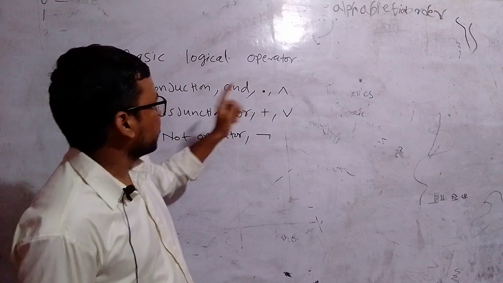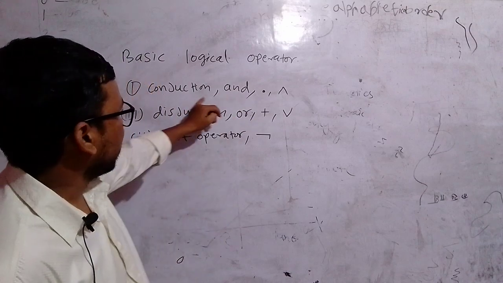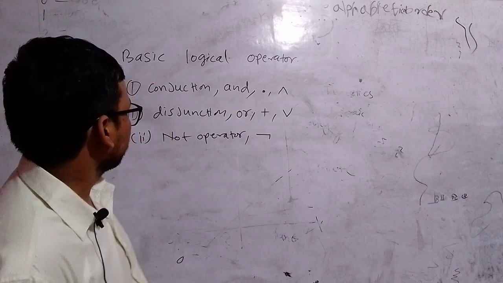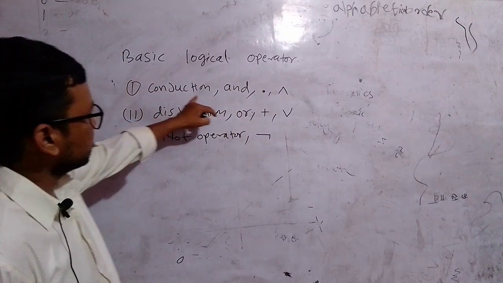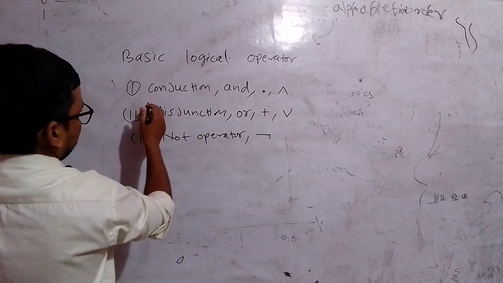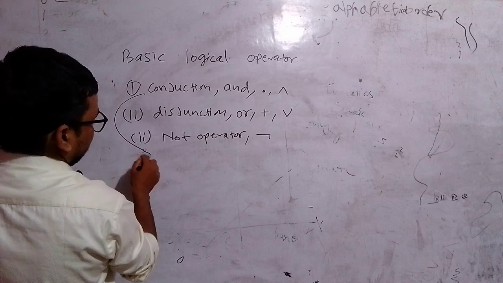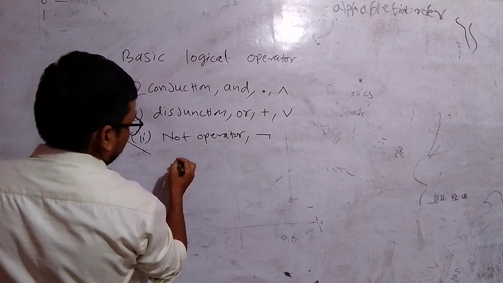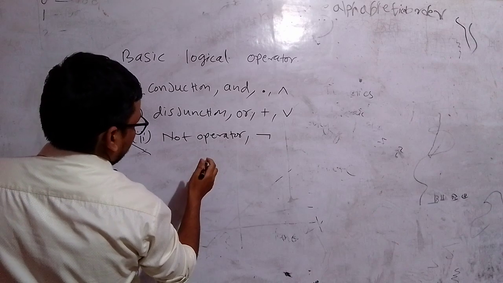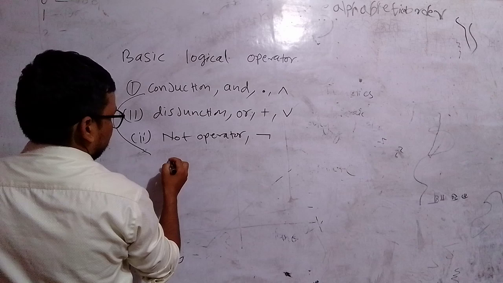Now conjunction operator, the AND operator. What does the conjunction operator, or AND operator, perform? Now look here. The conjunction operator is also called the AND operator.